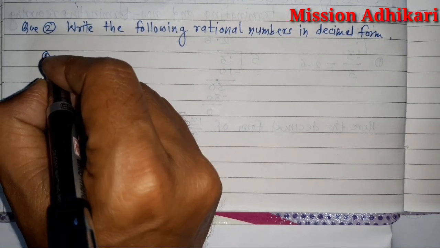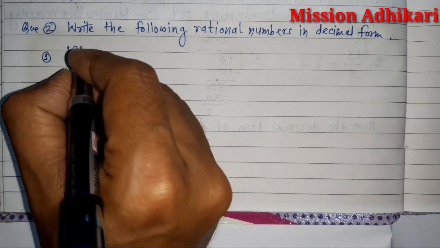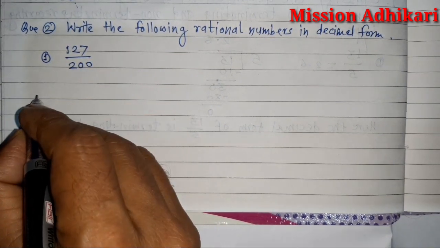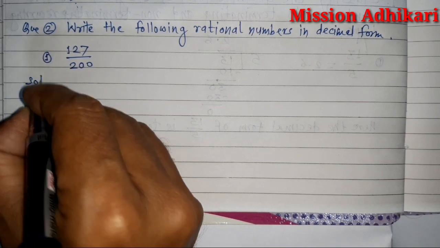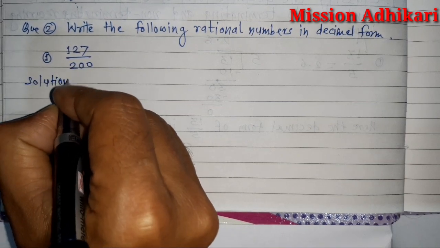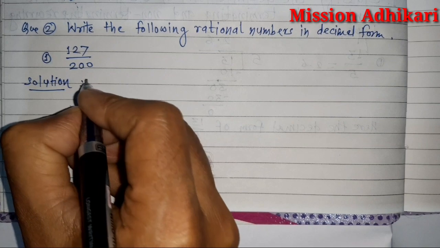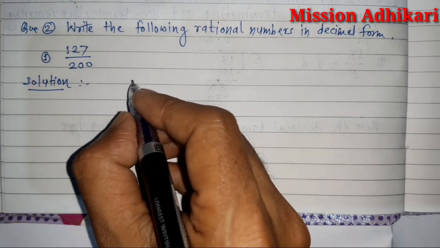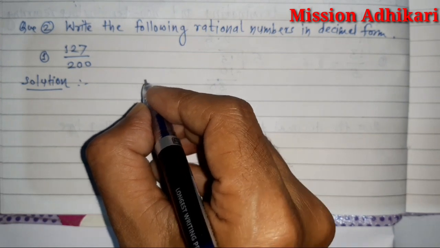Take the first, 127 divided by 200. Solution is there. Now we divide 127 by 200.